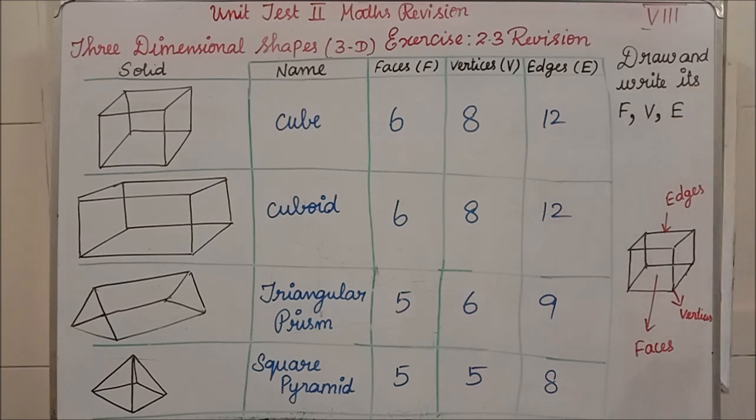Now we are going to calculate how many faces, vertices and edges there are for cube, cuboid, triangular prism and square pyramid. You will get questions based on this: draw the 3D shape of a cube, cuboid or triangular prism, and in the same question I will ask you to write the faces, vertices and edges.